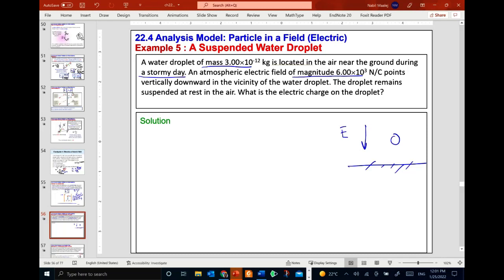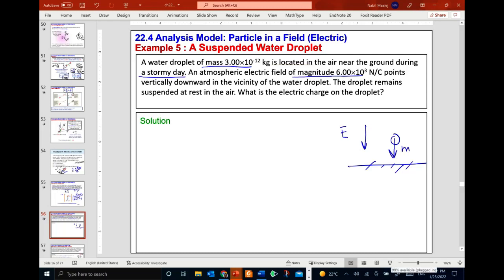Well, we have an electric field. The storm is causing an electric field, and it's a charged droplet, so it will experience an electrostatic force. What are the other forces acting on it? Gravitational force. So let's draw them.